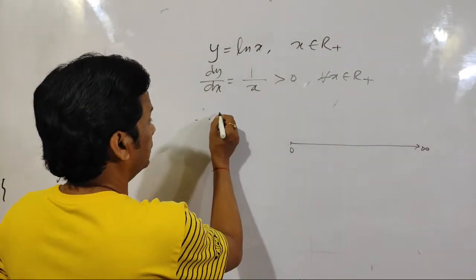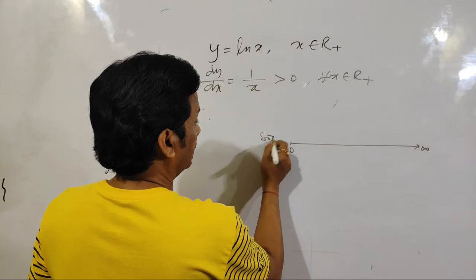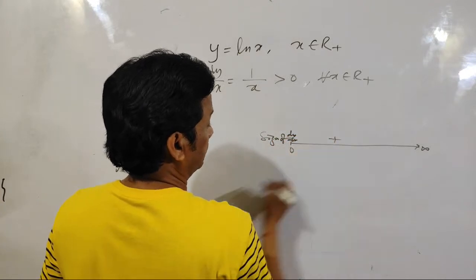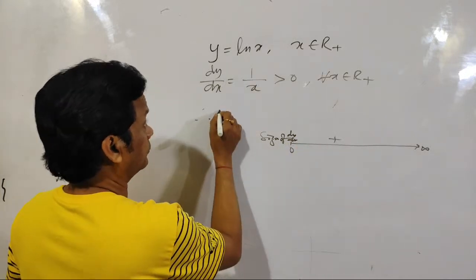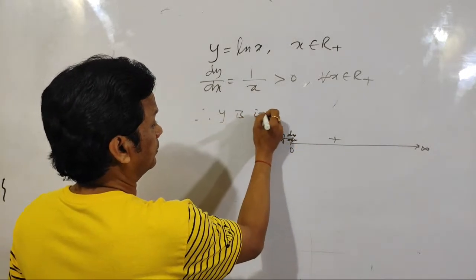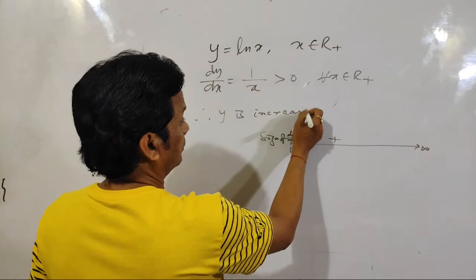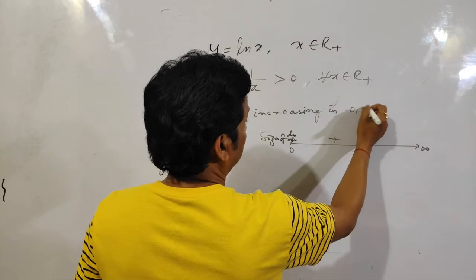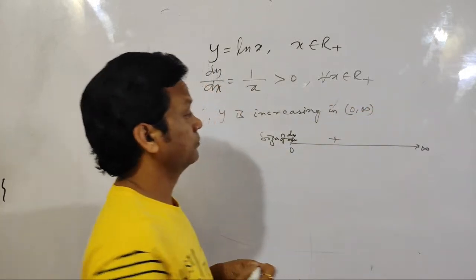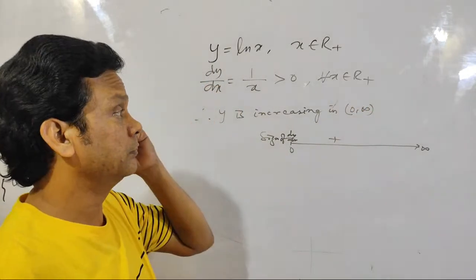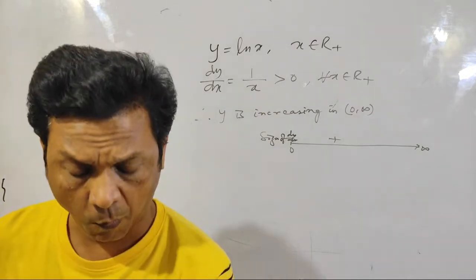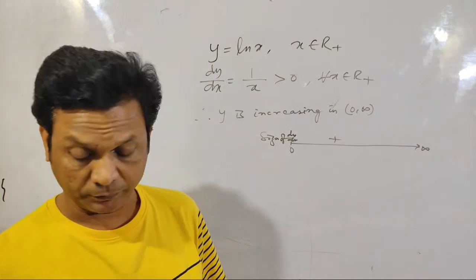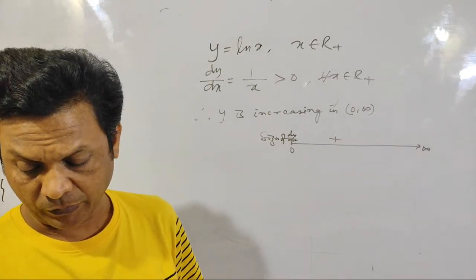Okay, therefore, here sign of dy by dx is positive in this interval. Therefore, y is increasing in 0 to infinity, open interval. Is that clear or not?